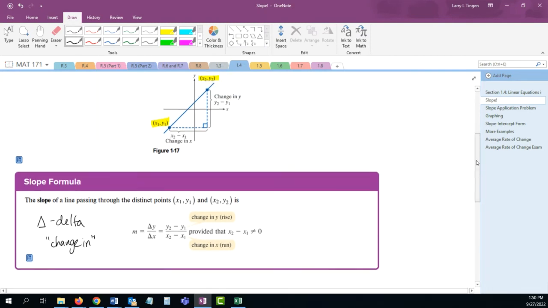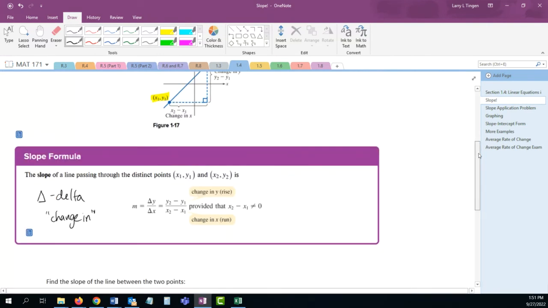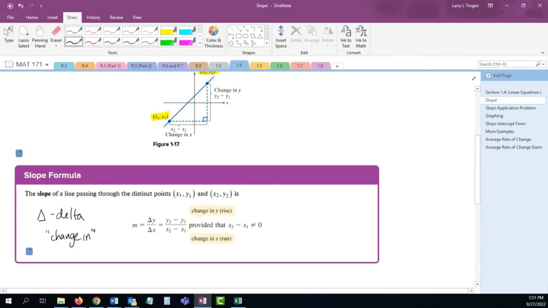In other words, however long this vertical line is divided by however long this horizontal line is. How do I figure out how long those vertical and horizontal lines are? I take the y values and I subtract them. I take the x values and I subtract them, and then I divide the results of those, the differences that I have created.